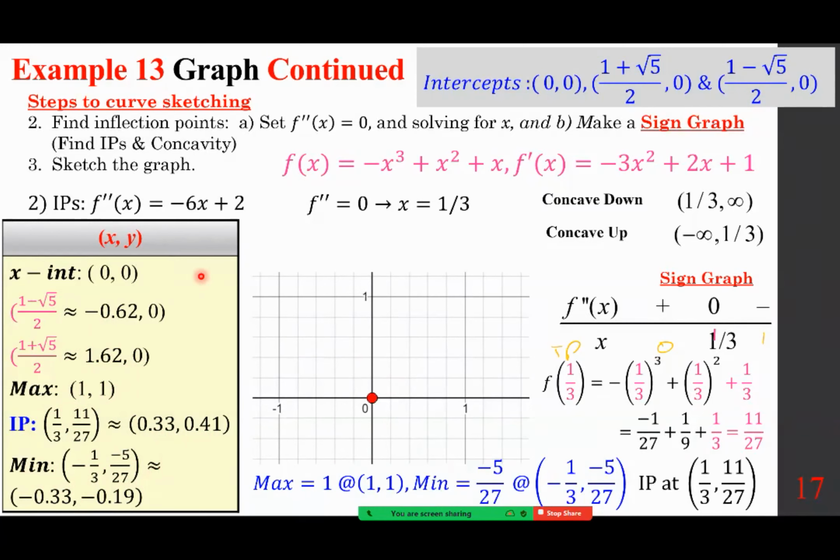Let's plug in. So this is (0, 0). Minus 0.620. About 1.620. (1, 1). And we put an arrow because we know it's a local max. (1/3, 11/27) is about (0.3, 0.4). That's an inflection point.